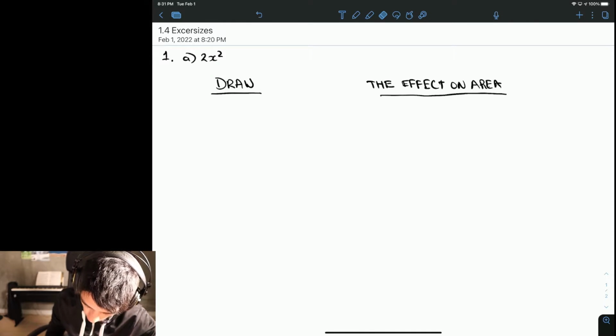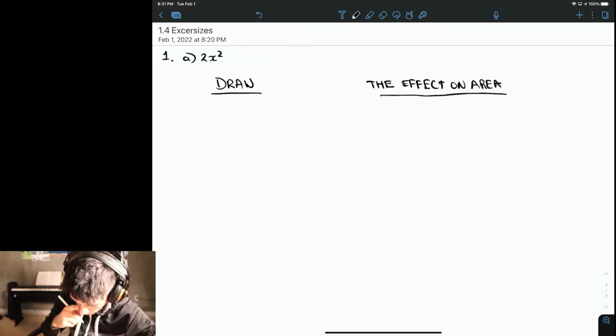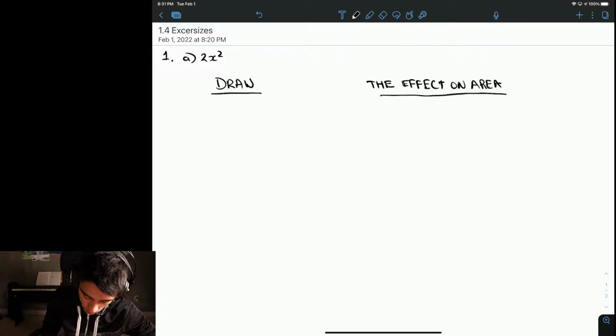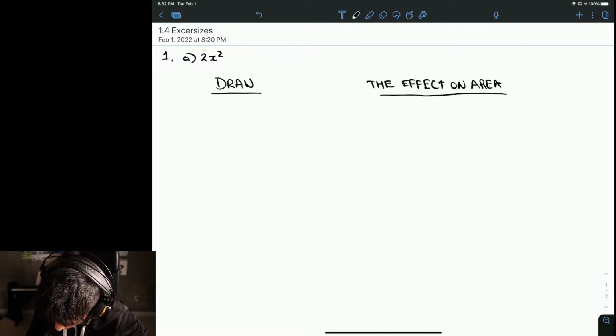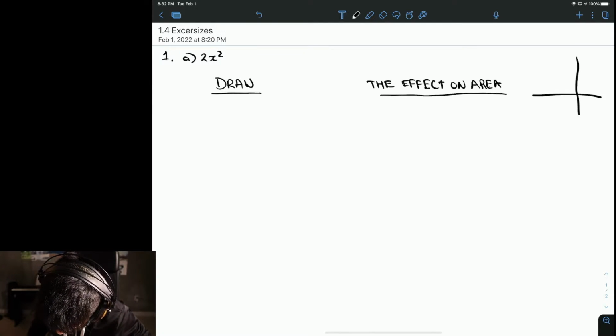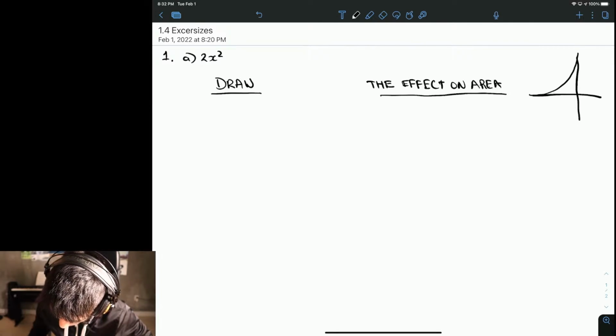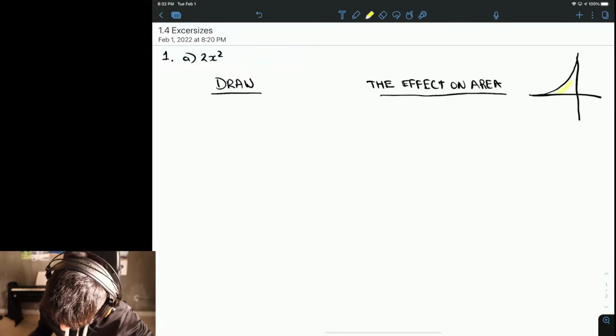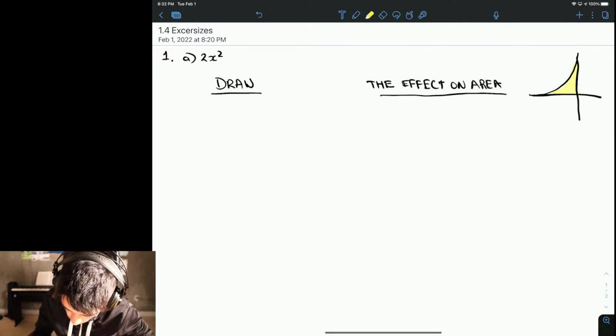So in our case, this happens when 2x squared. So in a previous video, I talked about how to calculate the area underneath a parabola. If you had a graph that looks something like this, and a parabola is a shape that looks like this, what we wanted to calculate is this area.